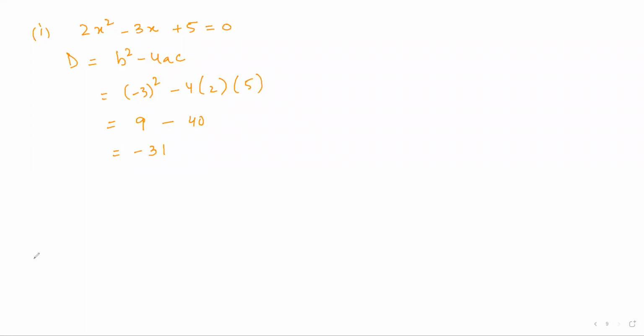So what kind of roots are they? D is negative, but what kind of roots? Not real, okay? So they are not real roots. If it is positive, then roots are obviously real and they are distinct, okay?